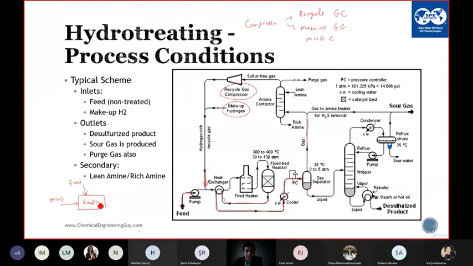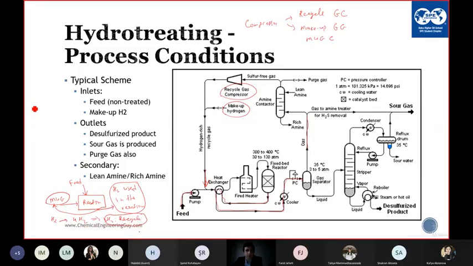So the amount of H2 used in the reaction is this amount added to the system as a makeup gas hydrogen. The amount exceeds, so you need, let's say, 1 mole hydrogen, but instead of 1 mole you use 4 H2, then 3 H2 is recycled.